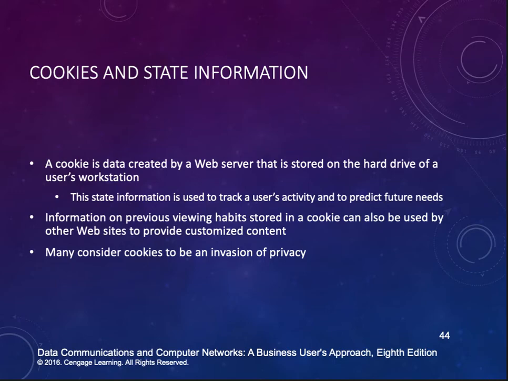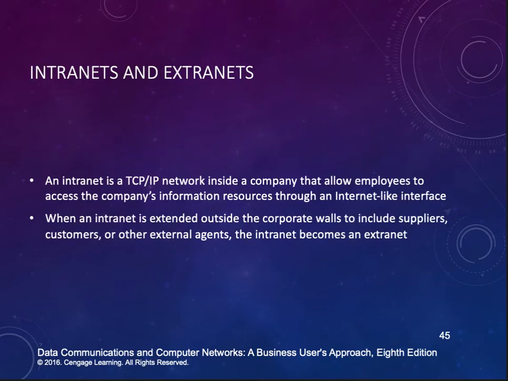This is basically created on your hard disk to track activity. Apparently, it's an invasion of privacy where some data could be tagged. Intranet and extranet are commonly used internally in a company or organization or office, where there is security for the network.